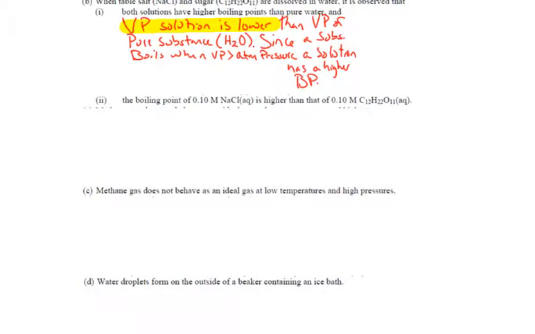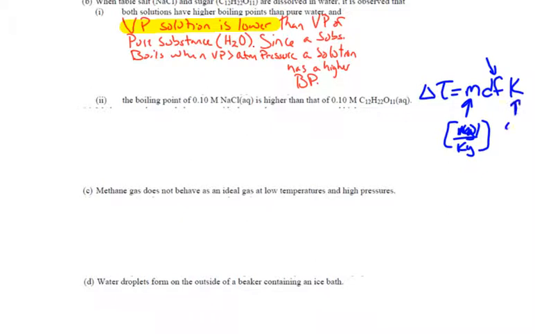Now I know in my baby chem class, I learned the formula delta T equals M dF K, where M is the molality, or some form of concentration. Usually we did molality, which is moles per kilogram of solvent. dF is dissociation factor, and K was some constant.